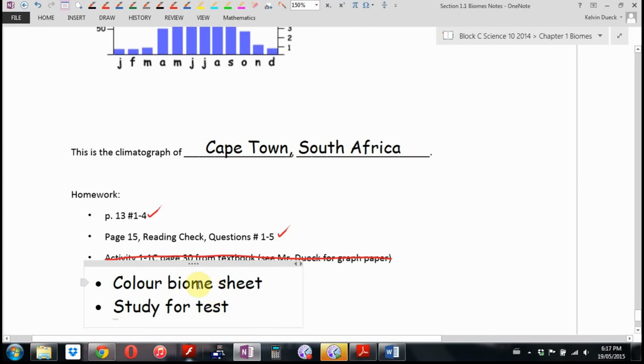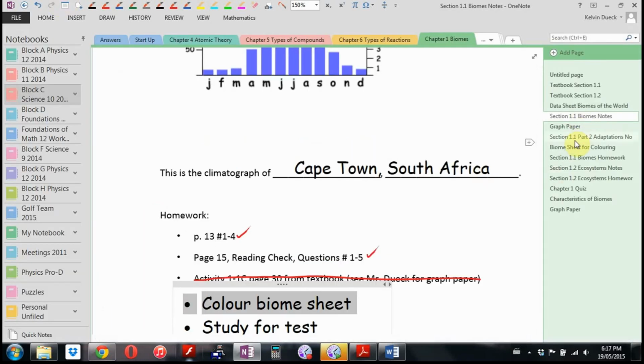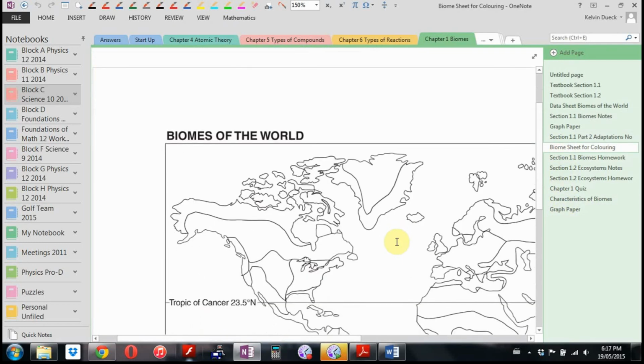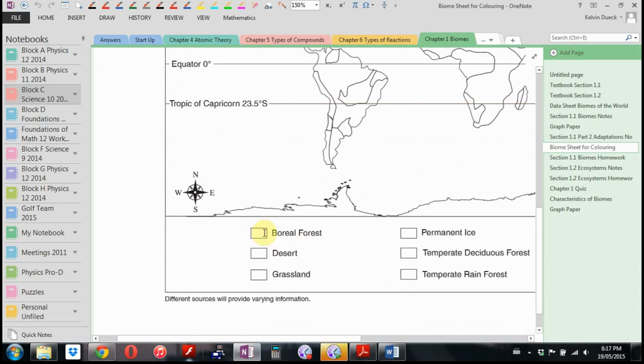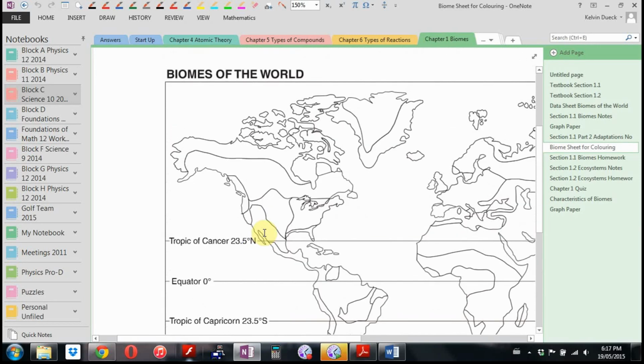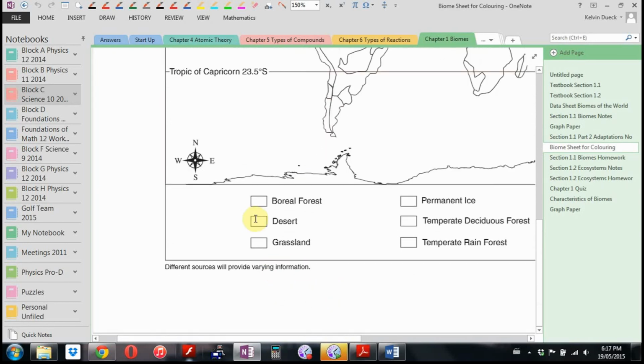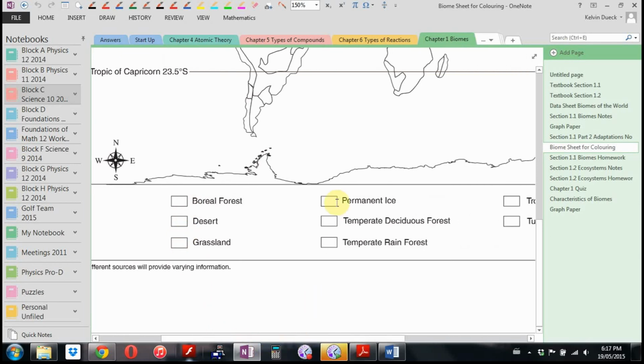Mr. Dueck, what's the biome sheet? What the heck is this thing here? So you're going to get a blank biome sheet like this. And it's going to be your job, pick a color for the boreal forest, look where that is in your textbook, and color the areas that are the boreal forest. Pick a color for the desert, probably brown. Probably for the forest, some kind of green. Grassland, maybe a lighter green. Well, you know what? You got lots of different, because there's temperate deciduous forest and temperate forest.